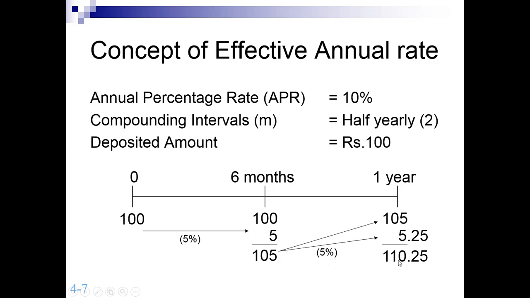So the total interest that you will receive is 10.25. See that this 10.25 is more than what you would get if you simply take 100 and apply the 10% rate. If you take 100 and apply 10%, you can verbally do it: the amount should come as 10 rupees rather than 10.25.